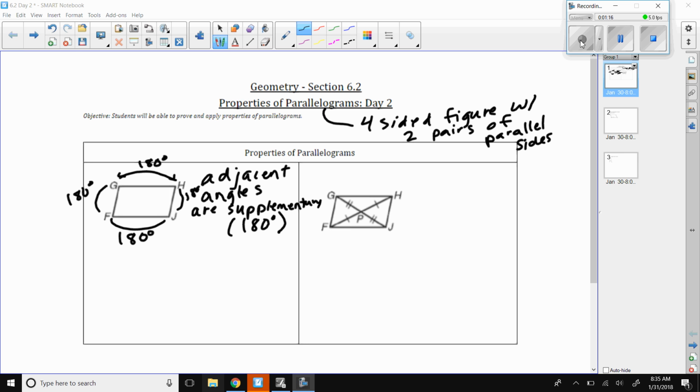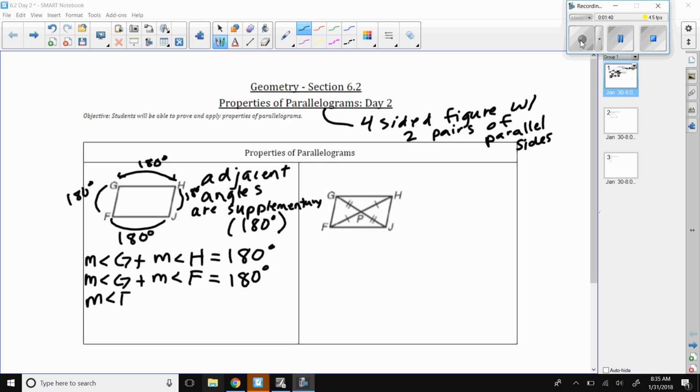So if we look at these as a statement, we're saying that the measure of angle G plus the measure of angle H is going to be 180 degrees. We also can say that the measure of angle G plus the measure of angle F is going to be 180 degrees.